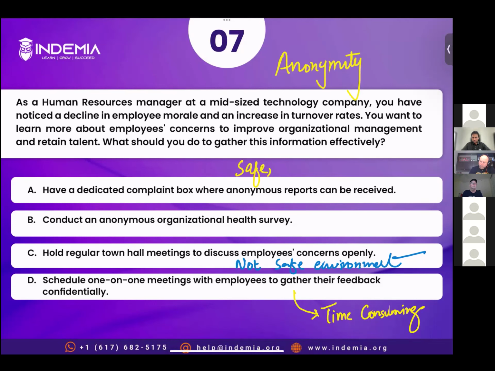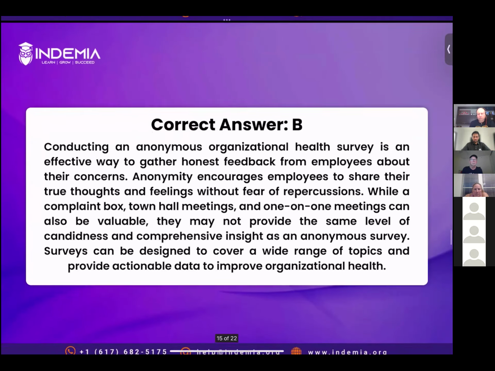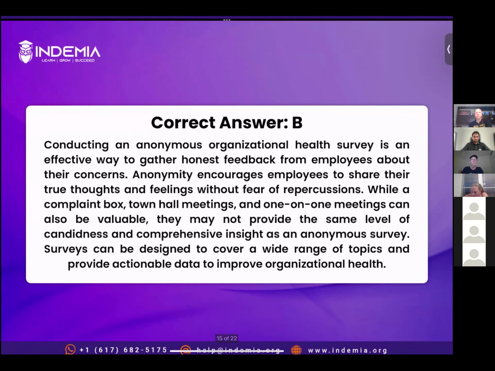I'm happy some of you are commenting in the chat window about what your errors are or why you chose the wrong option. That is really helpful if you understand why you have chosen the wrong option. All right, next question. Okay, let's read the explanation, then we'll go to the next question.